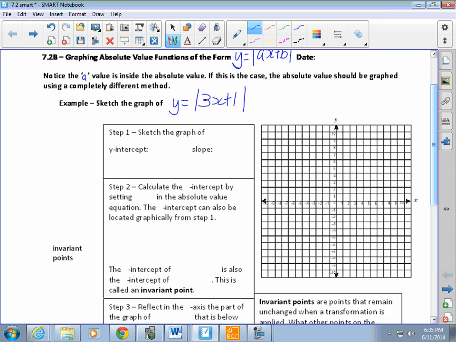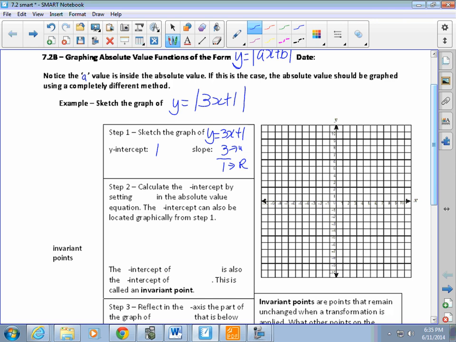So first, we want to sketch the graph of just plain old y is equal to 3x plus 1. Our y-intercept would be at 1. Our slope would be 3 over 1, because we'd be going 3 up and 1 to the right. So we sketch that first.